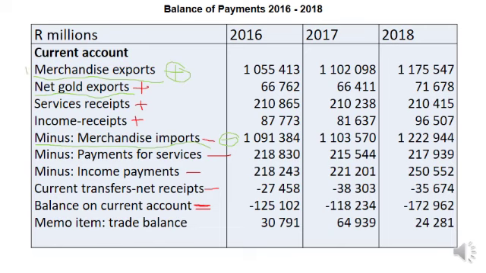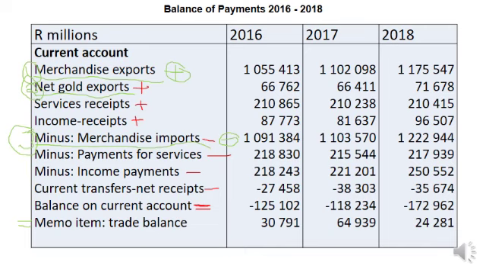Obviously, if the gold figure is negative, you'd subtract it, and then subtract your merchandise imports, and that will give you your trade balance. If they ask about the current account, they always ask you how to calculate the trade balance, so make sure you know how to do that. So all in all, that is your current account.